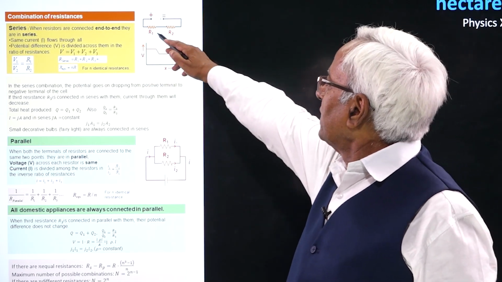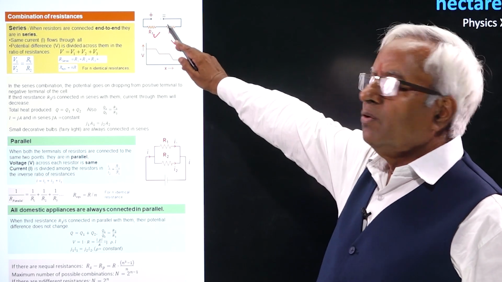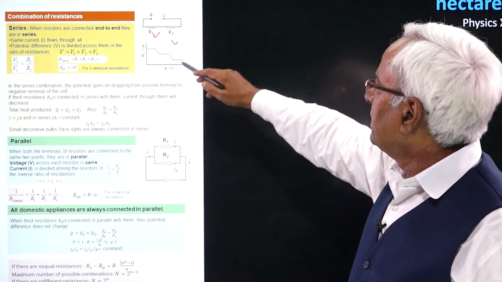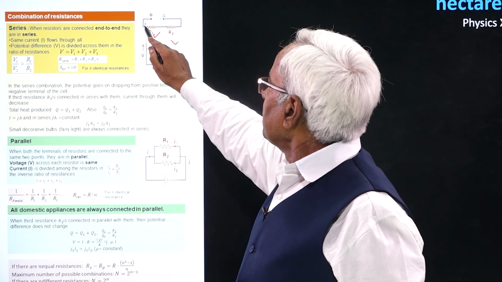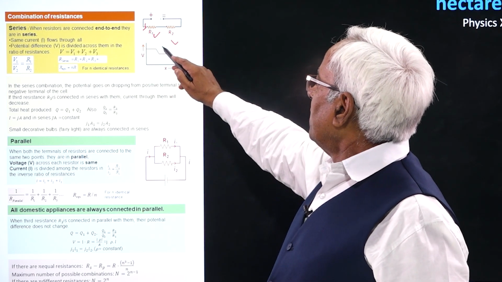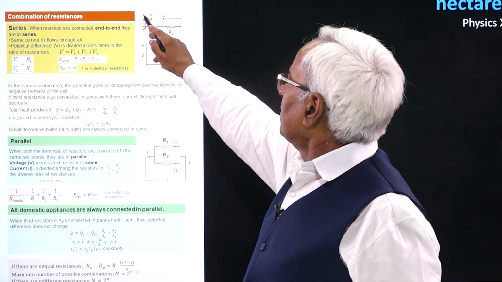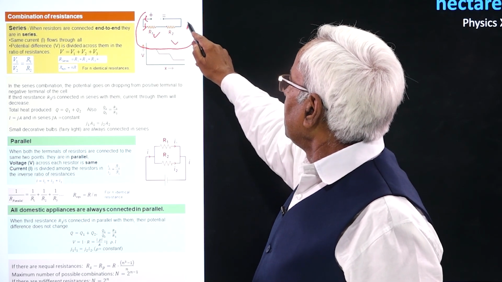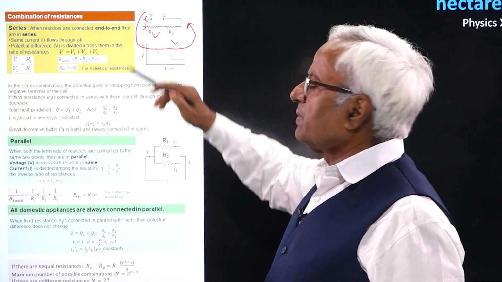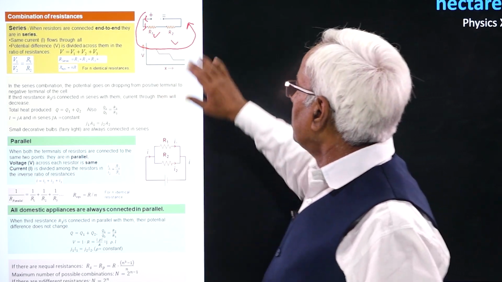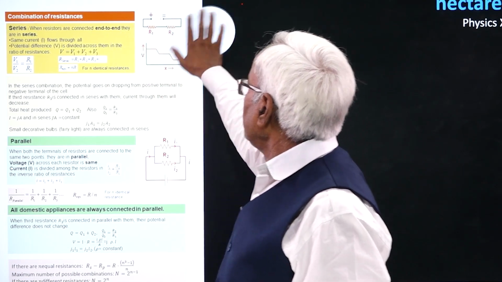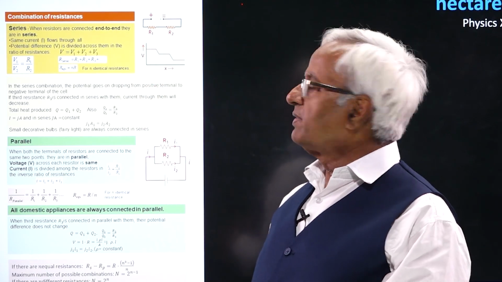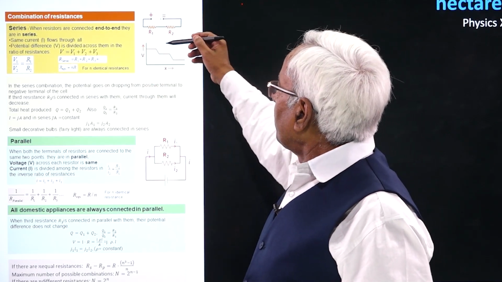Series combination: the resistances are connected one by one. The current is going to be the same through all, but you see the current always advances from the positive to the negative terminal, and in the direction of current the potential will always go on decreasing. When the current passes through a resistance, the potential will fall.